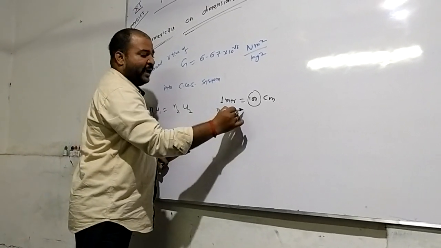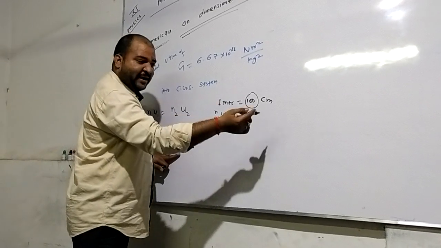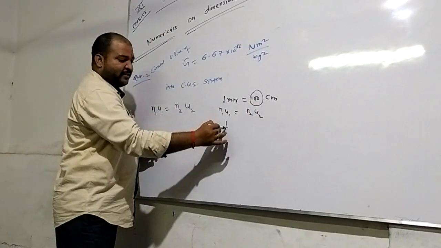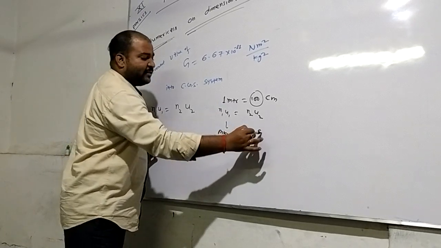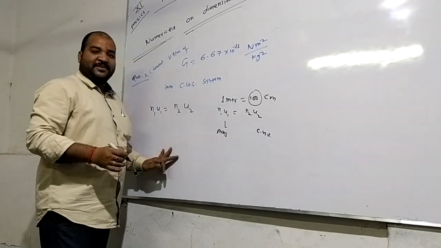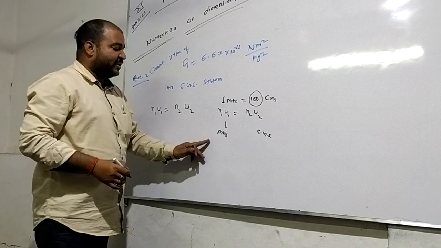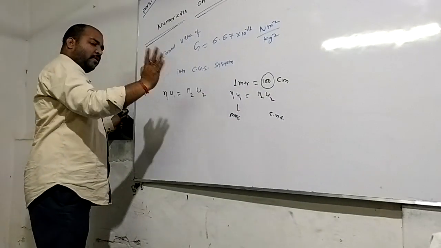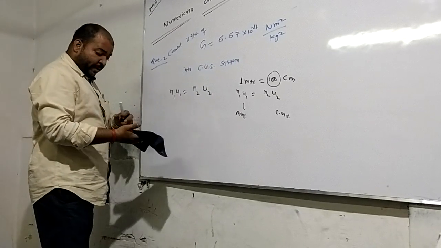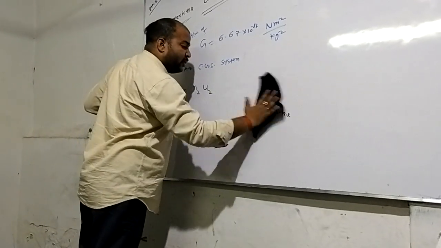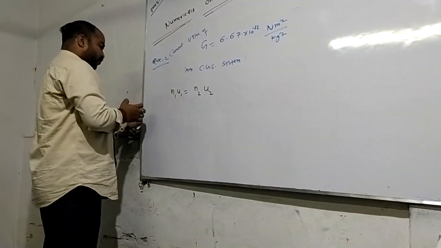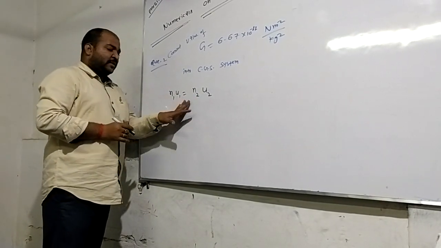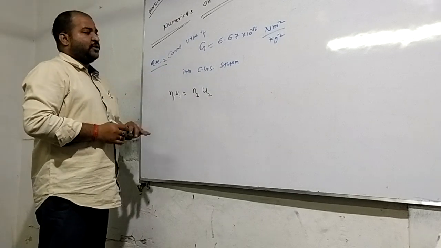N2 is the numerical value in the second system, and U2 is the second unit system. This is the MKS, this one is the CGS: centimeter, gram, second; meter, kilogram, second. Similarly, all the numericals are based on the theme N1 U1 equal N2 U2, which is used for the conversion.